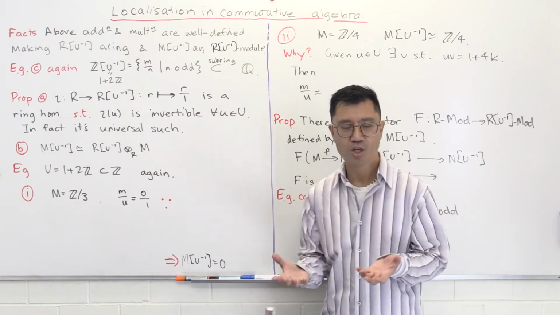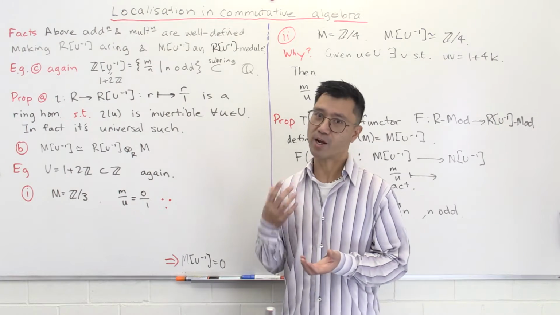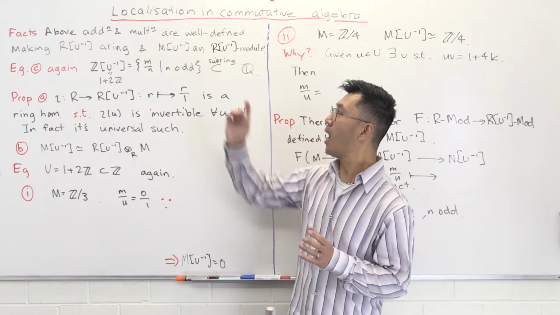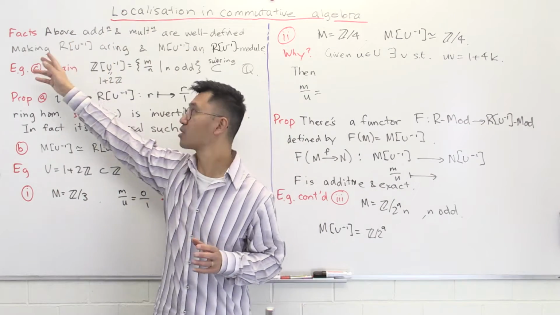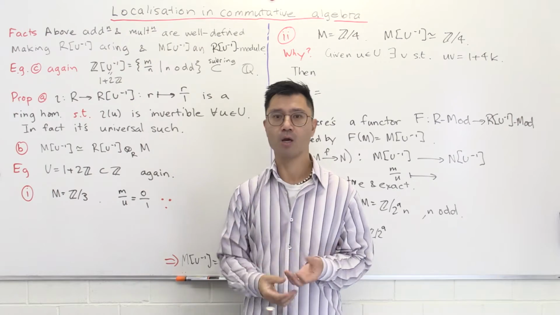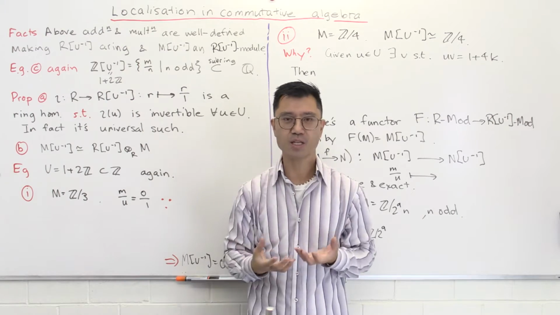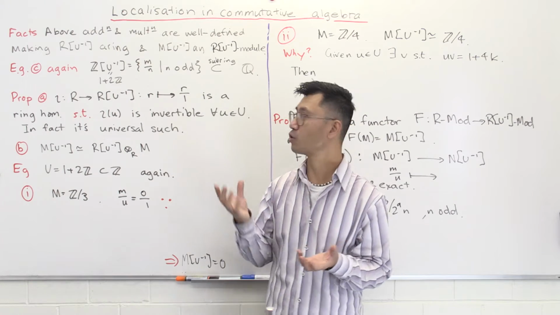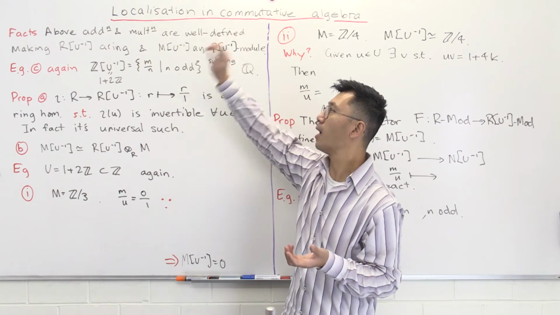Now these addition and scalar multiplication of fractions that I introduced are about as nice as you could possibly want. In particular, we have the following facts. Firstly, of course, the addition and the multiplication are actually well defined. Remember, these fractions are equivalence classes, so you actually have to check that to make sure it is well defined.